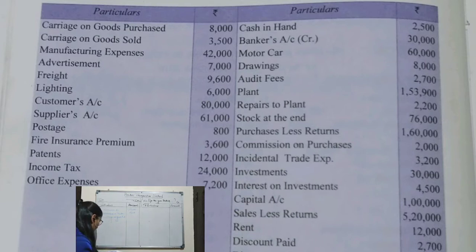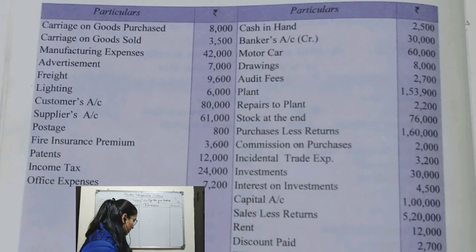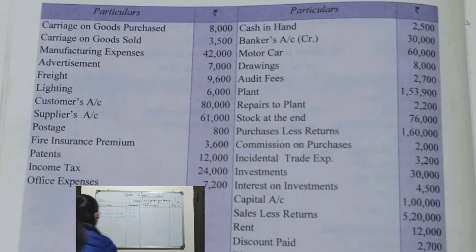Carriage charges is treated as direct expenses. Amount is rupees 8,000. After this, manufacturing expenses has been given. Manufacturing expenses are considered as direct expenses. We will record it on the debit side to manufacturing expenses. Amount is 42,000.